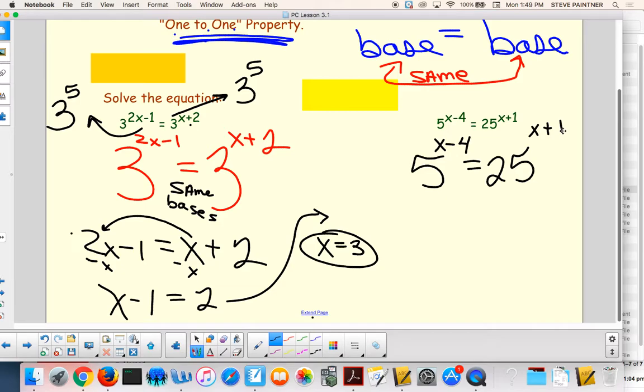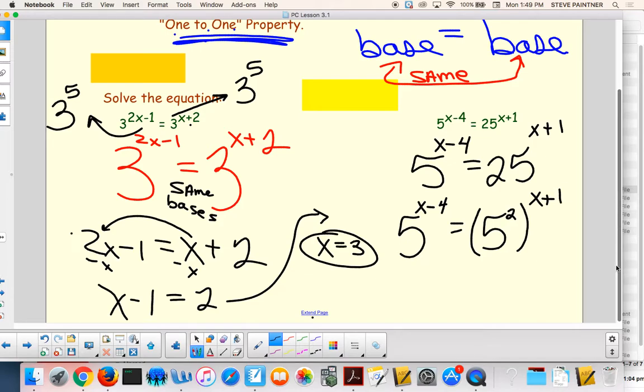Make it base 5. Change it, guys. 25 is really just 5 squared. This one I'm not going to change. But wait a minute. This is 25. Now you called it 5 squared, which is still 25. Still has to be raised to what power? X plus 1.